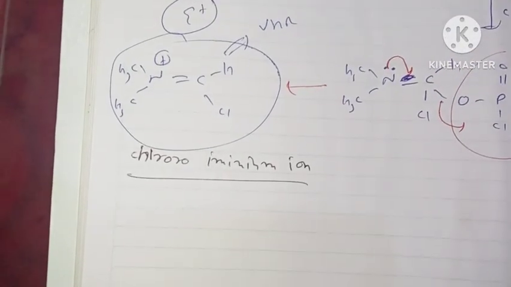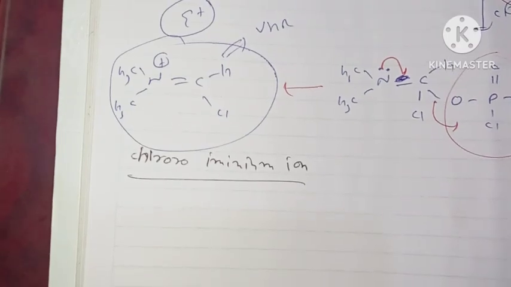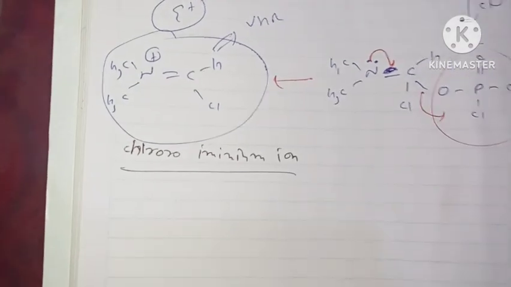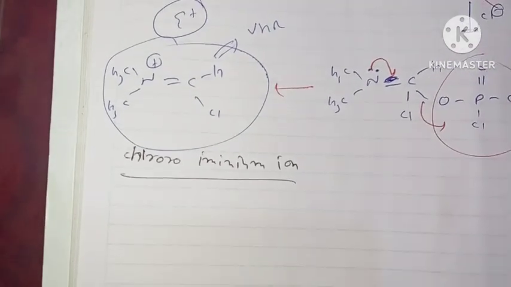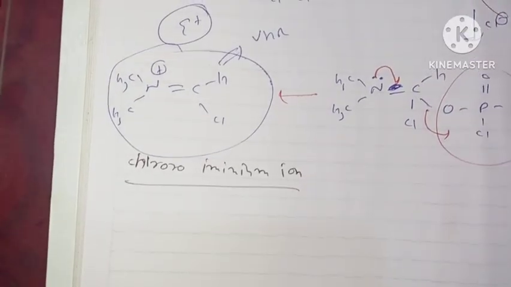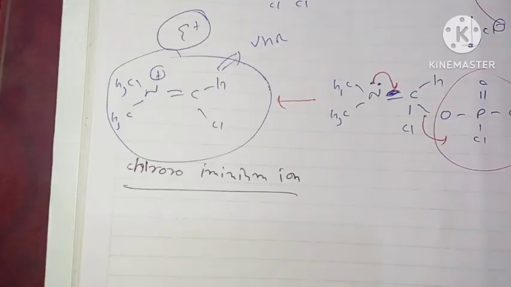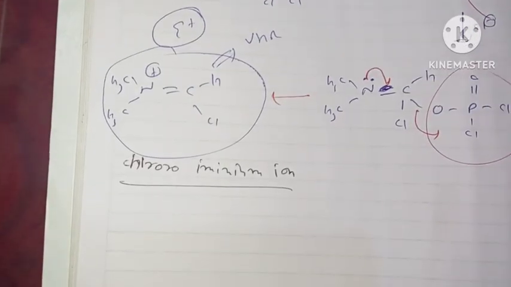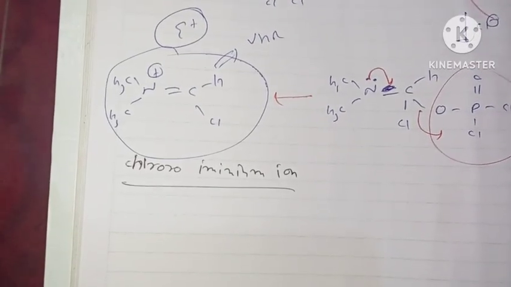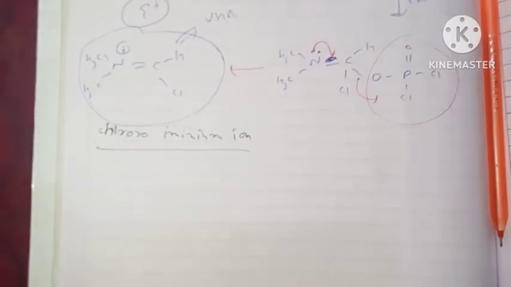Now our Vilsmeier-Haack reagent is ready, so we react this Vilsmeier-Haack reagent with our substrate, the electron-rich aromatic ring, arene. In the earlier example we had N,N-dimethyl aniline.